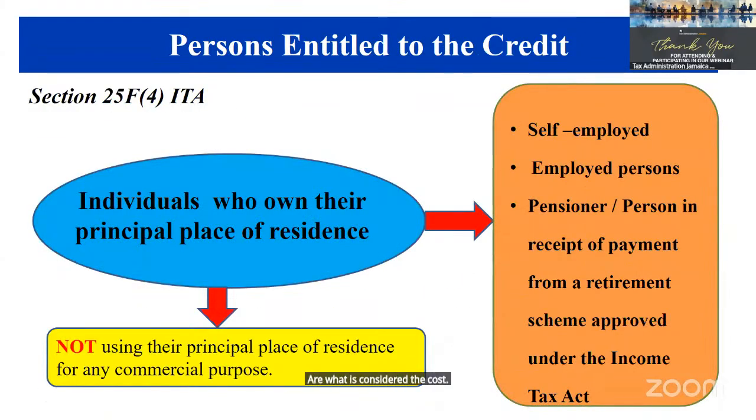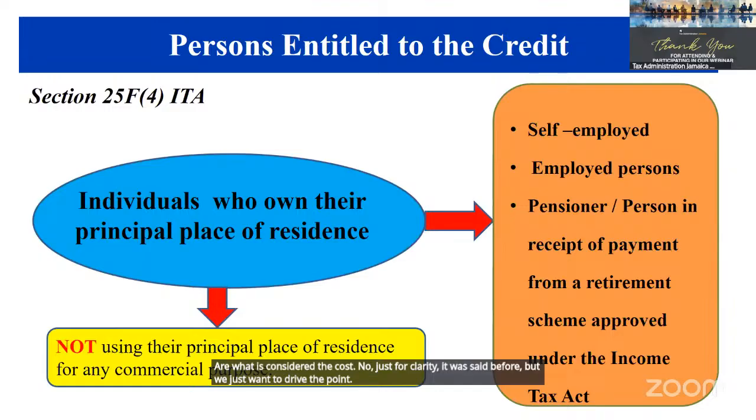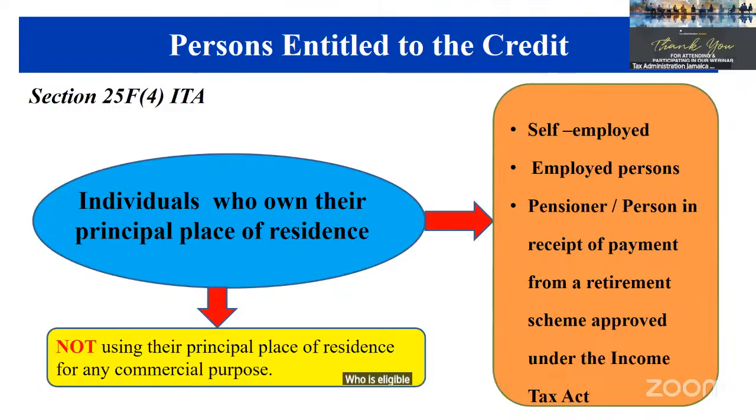Now, just for clarity, it was said before, but we just want to drive the point home. Who is eligible for this credit? It is only individuals, and it is individuals who own their principal place of residence. So you must be an individual and you must own the place.